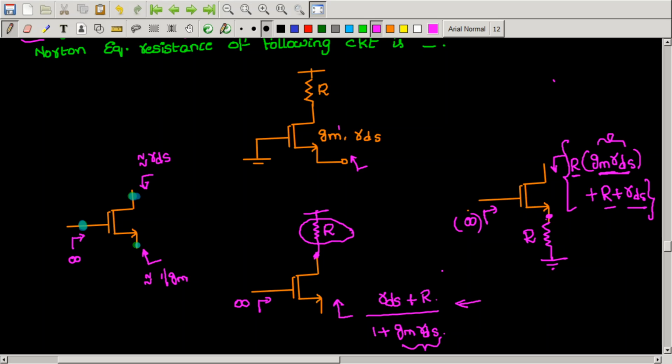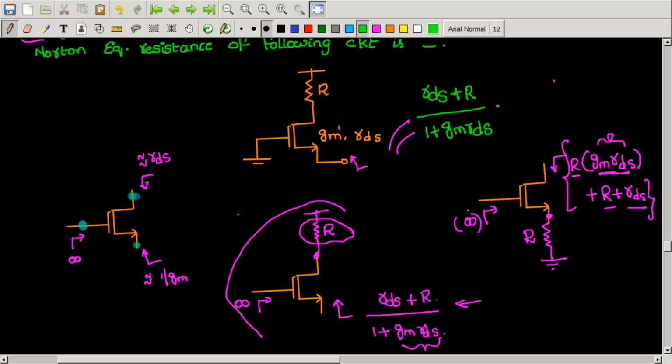So using this circuit formula, can you tell me what is the Norton equivalent resistance when looking through the source of the MOSFET? That will be simply equal to RDS plus R by 1 plus GmRDS.